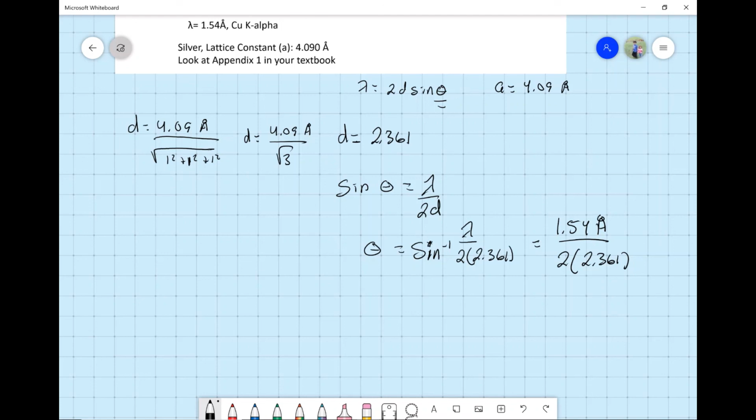Okay, 1.54 divided by that, and I got 19.03 for theta.